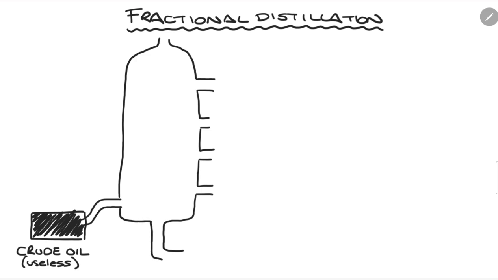We put the crude oil into the fractional distillation column, which is what this is called. Importantly, it is hot down at the bottom of this column, and it is cold at the top.